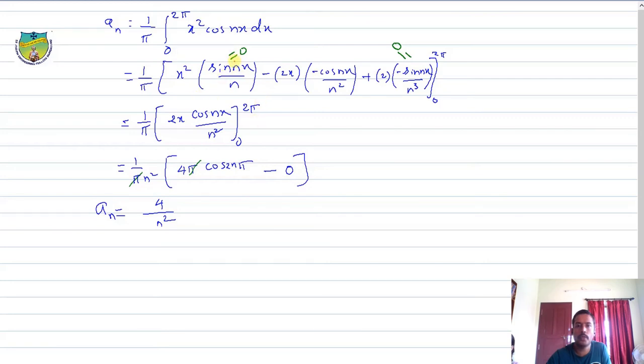And as usual, wherever sin appears we can put 0, because the upper limit and lower limit give you 0. I need not explain again. an equals 4 by n square.